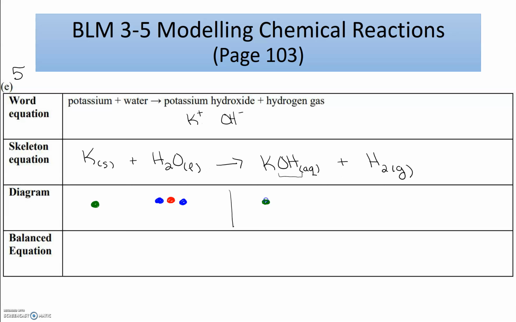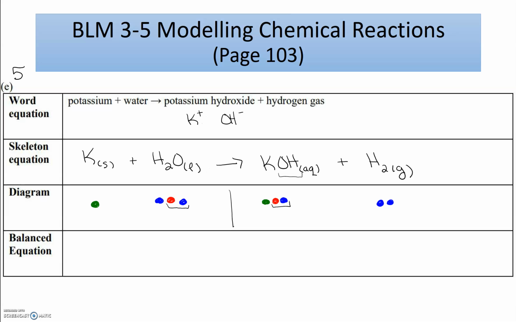So I've got my potassium, 1 potassium, 1 oxygen, 1 hydrogen. And then I've got my hydrogen gas, where I've got 2 hydrogen circles together. Now when I take a look at my diagrams, one of the things that I notice right away is I've got in my water the red and blue circle together, and I've got the red-blue circle together as well.